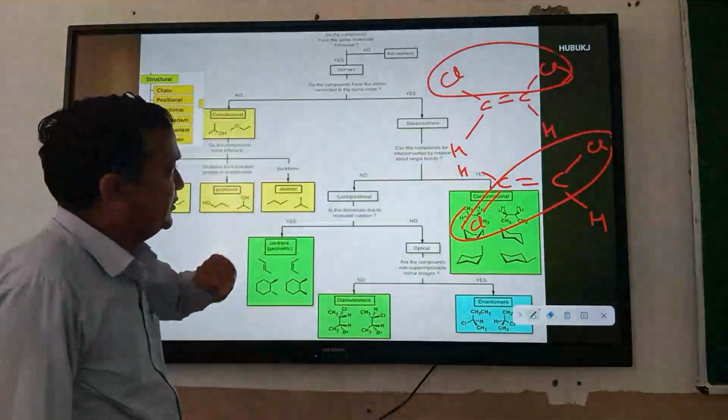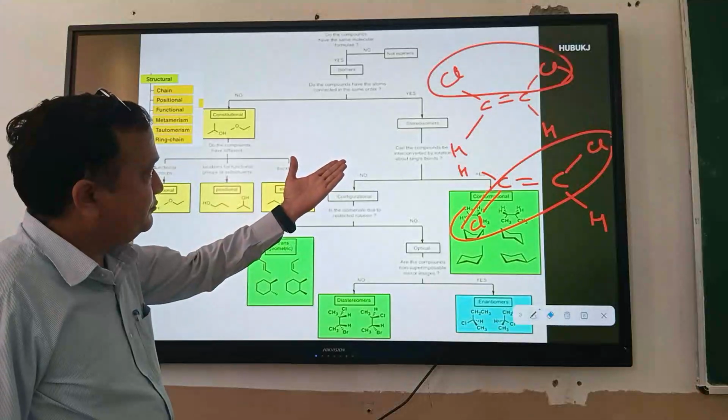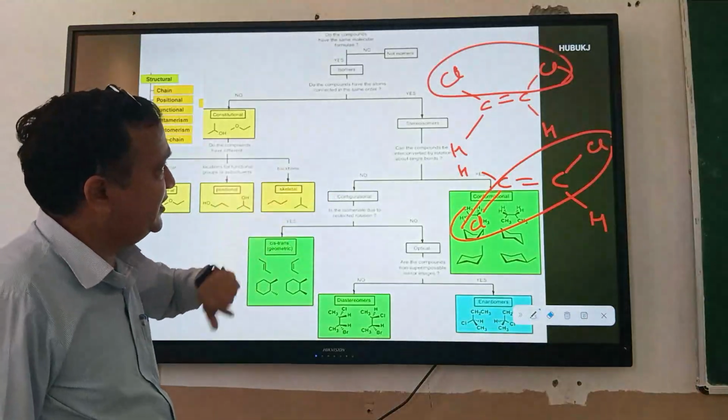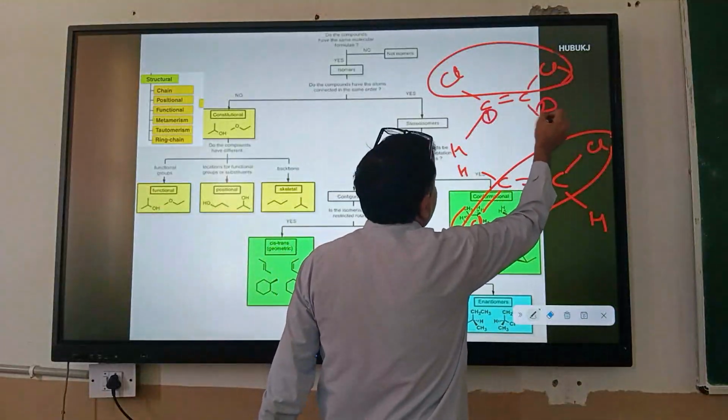This is a form of stereoisomerism, and if we see the connectivity in this case, this is the first carbon and this is the second carbon.